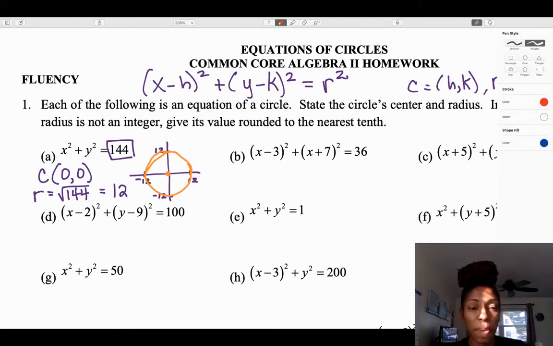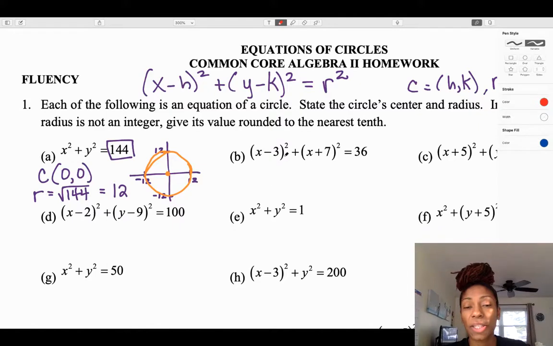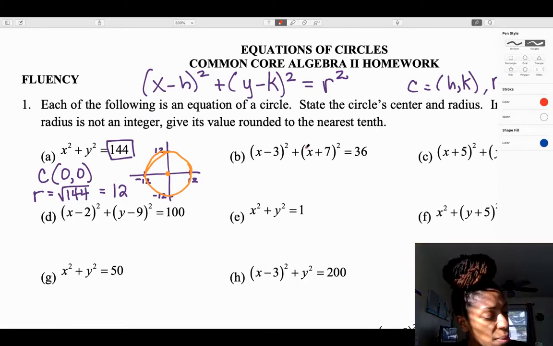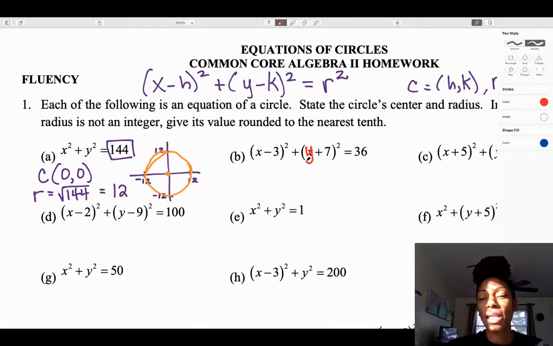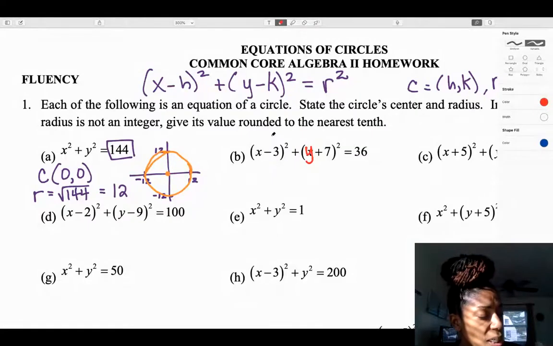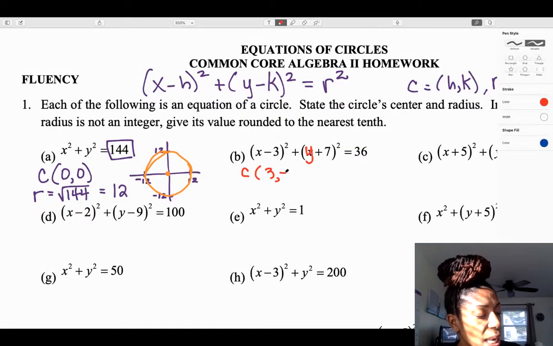So in part B, there are translations. The x has subtracting a 3 and the, there should be a y. That's a mistake. And the y is being added by 7. So that means our center is (3, negative 7).